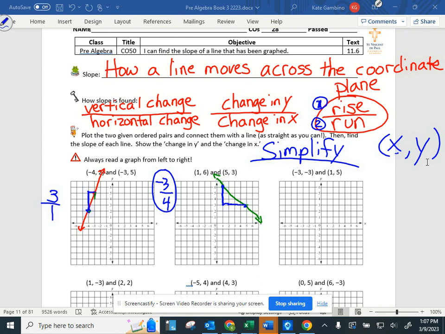So X is always the horizontal line. So you find where the X is, and then you find where that Y would be. So if we look at this one, we're going to find our X, which is -3. And then we go up or down to our Y. Our Y is -3. So you always go to the X and then you go up or down to graph it.